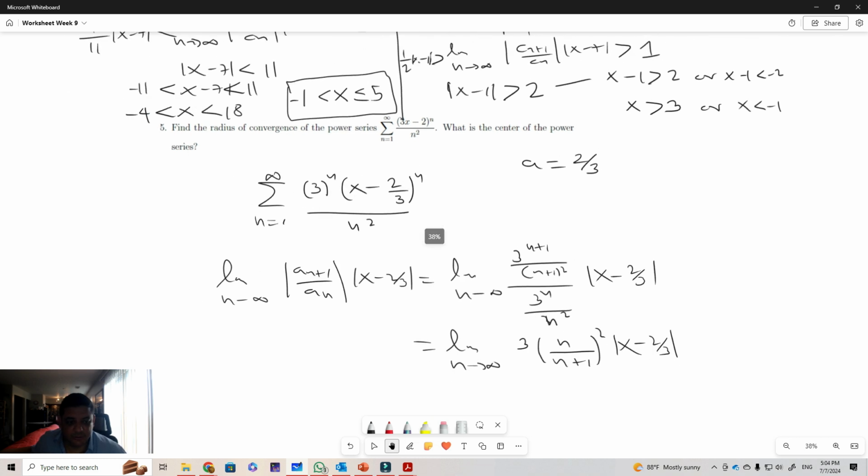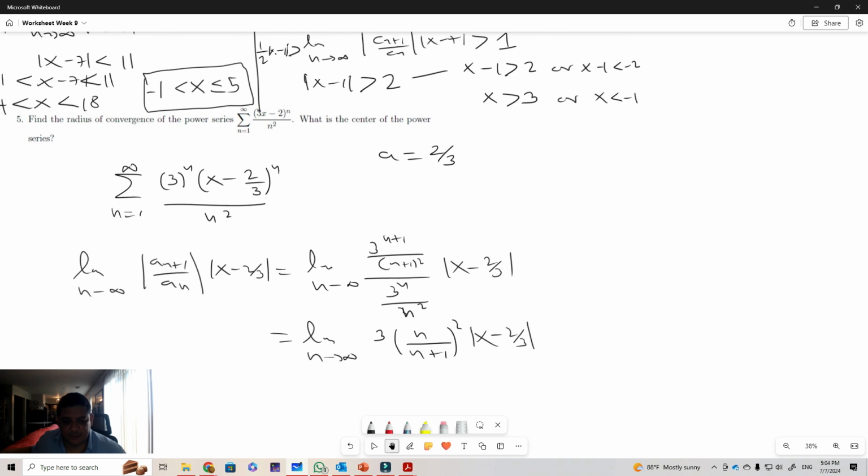And you already know the trick that we use for this type of limits, and this is going to be 3 times the absolute value of x minus 2/3, times the limit when n goes to infinity of 1 over (1 plus 1 over n) squared.